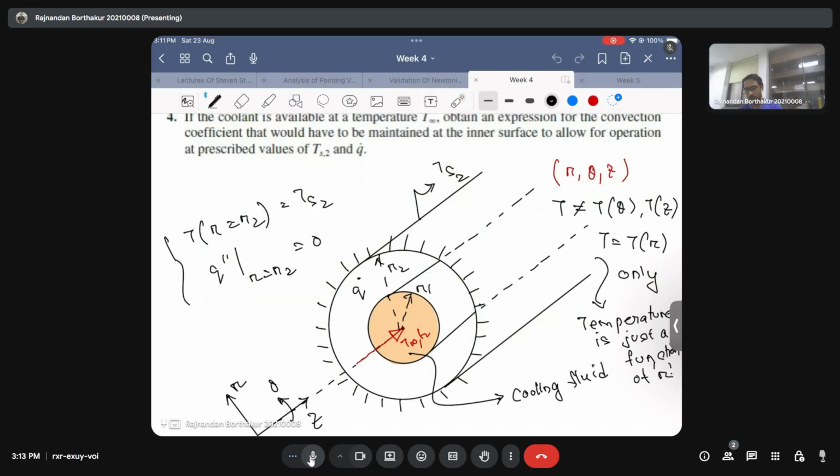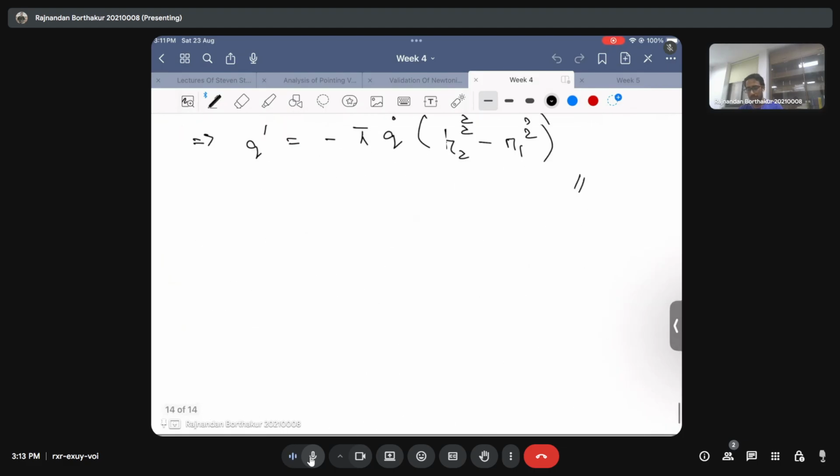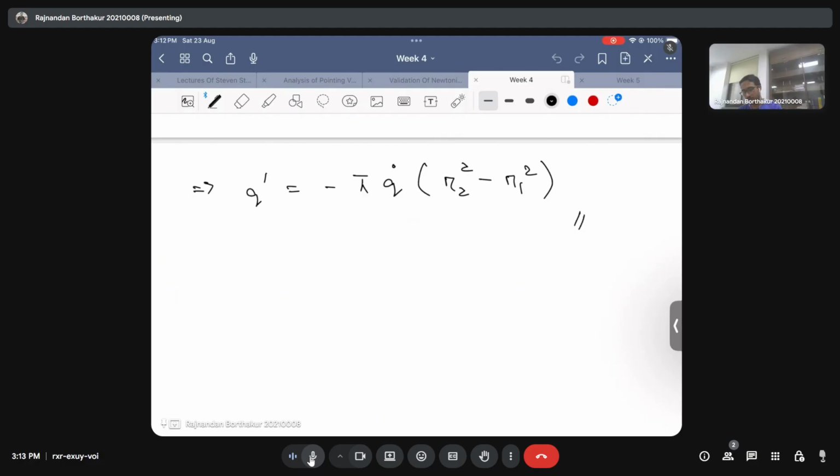It's easy to calculate. Again, we'll be using the fact that at interfaces fluxes are continuous. So what do we need?